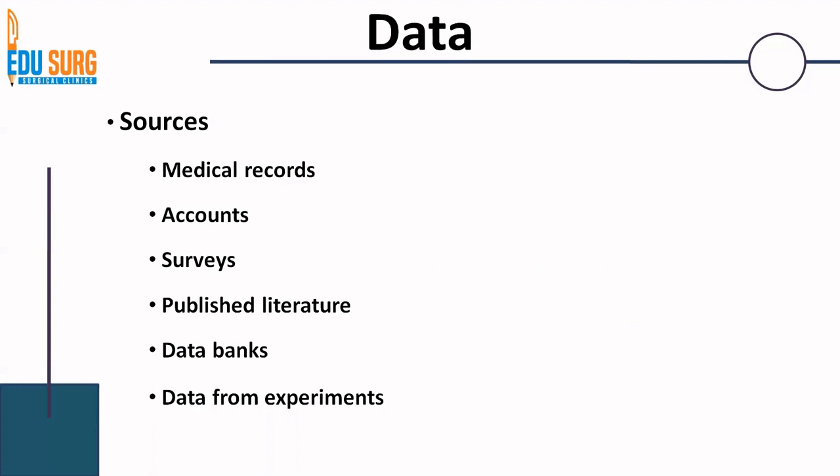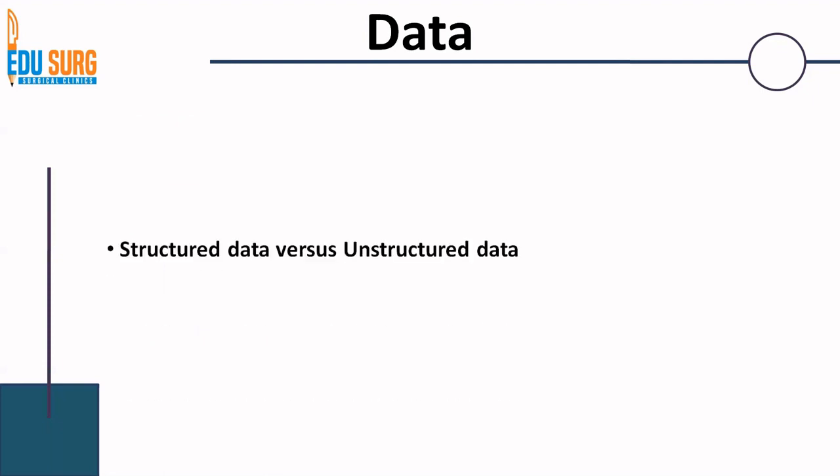What is secondary data? Secondary data is something that someone else has collected that you are using. Something like published literature and data from data banks is secondary data, whereas data from your own patient that you have collected, or your own published literature, or an experiment that you have performed is primary data.